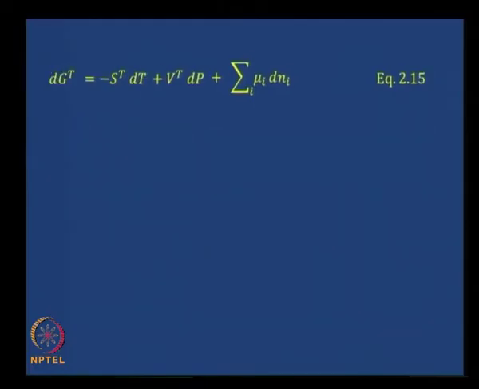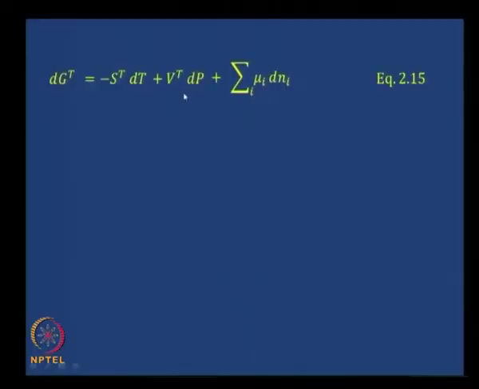Let us consider equation 215 again. Earlier, for all the 4 equations for a closed system, we looked at just the first 2 terms for writing the reciprocity relationship. Now, let us look at the third term also. Note that this consists of the sum, so each one is different here.